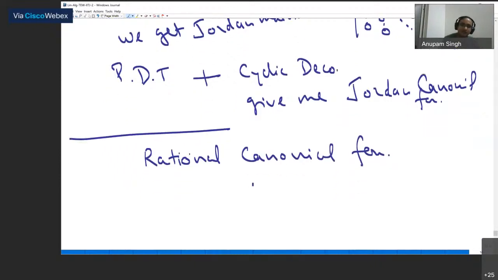In the rational canonical form you don't need to assume any condition on F. F is anything. But in this case you may not have eigenvalues, so you will not get this kind of nice matrices. Instead, you will get block matrices where companion matrices appear in the blocks. That statement is slightly complicated to write, so I will not write it there.